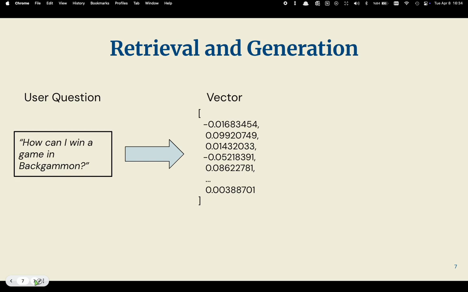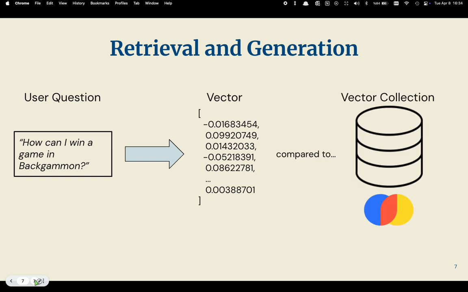And then this vector gets compared to all the previous vectors that we store, these chunks of text that we have in our vector collection. Essentially, this comparison allows for semantic similarities to be found between the user's question and the information that we already have in the vector collection.